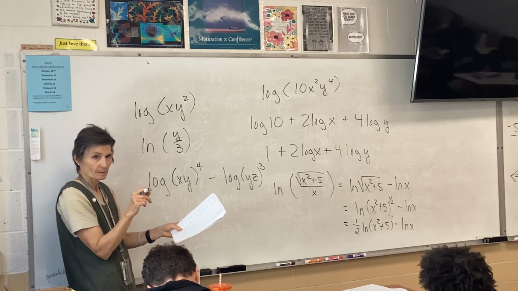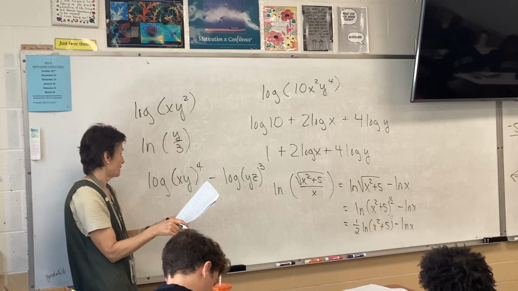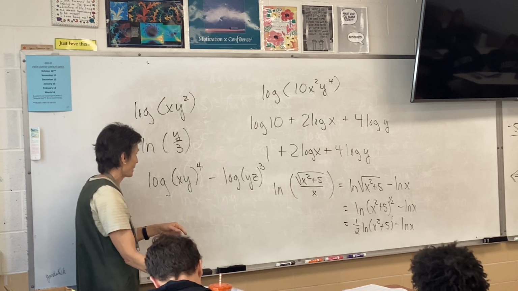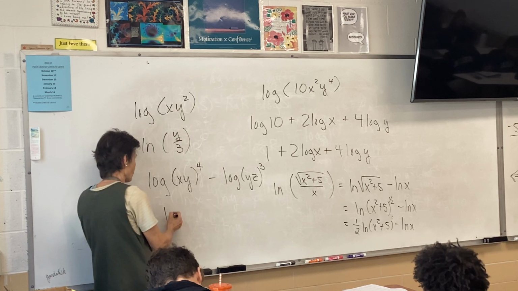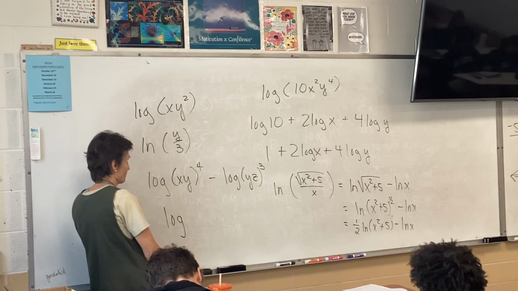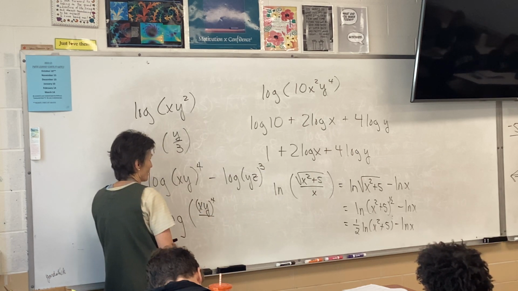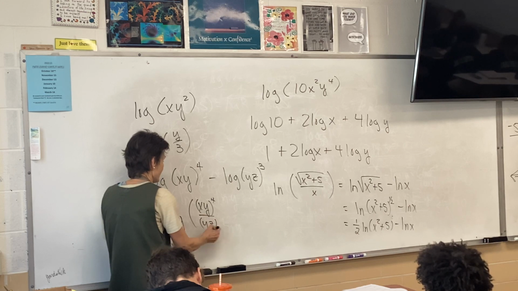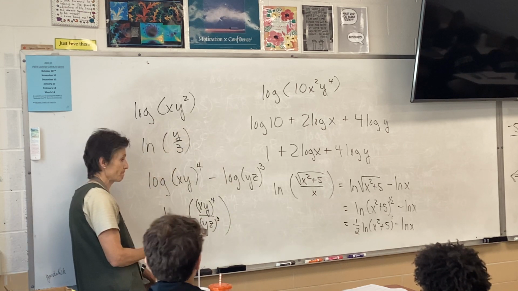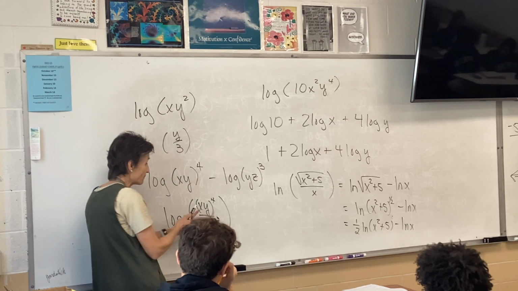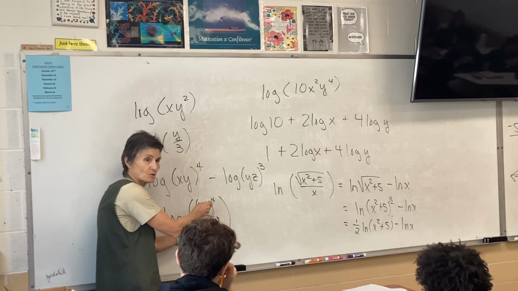Can you distribute that exponent? Absolutely can't distribute that exponent. I'm not gonna do that yet, but I'm going to in a minute. First, I'm gonna somehow put these together. So what's this gonna be? The log of xy to the fourth over yz to the third. Now we know that if there were a plus right there, then we can't distribute that form.